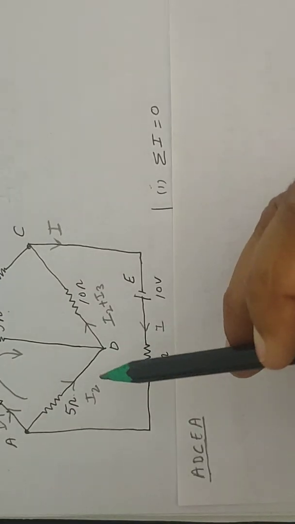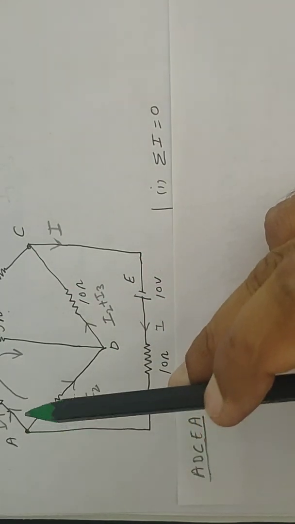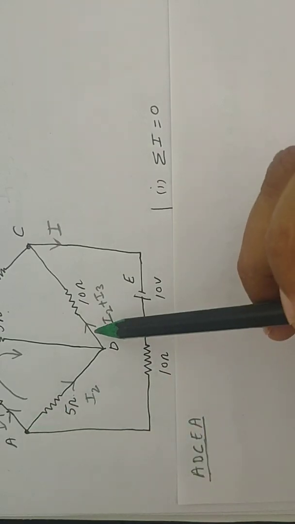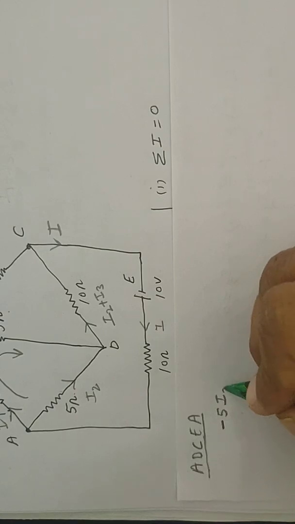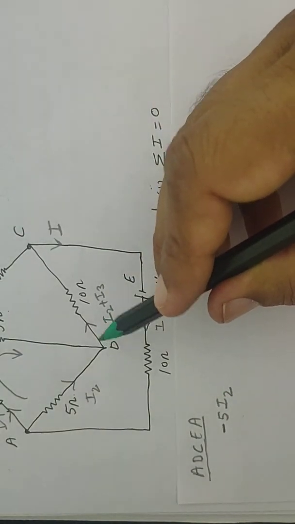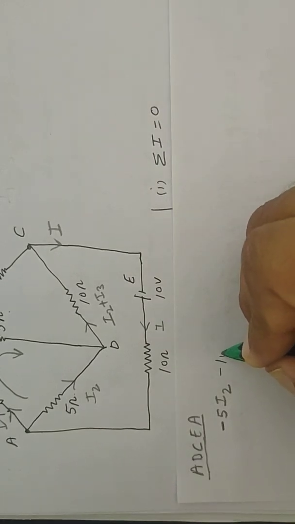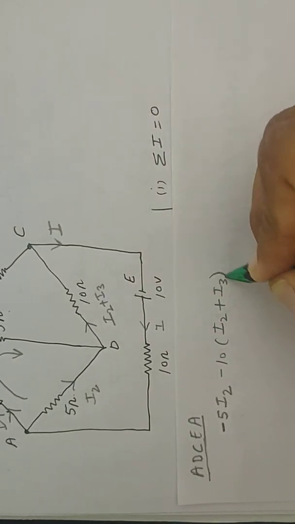Third closed loop, we take A, D, C, E, A. Now we are going from high potential to low potential, so we get minus 5 I2. Here again from high potential to low potential, so we get minus 10 times I2 plus I3.